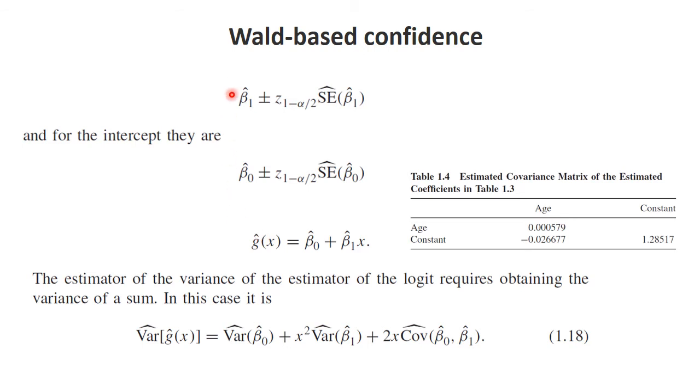From that, we can then develop confidence intervals. Then we have an estimated function g, and so we can also look at the variance of g as the variance of beta 0, plus, because we have x, x squared times the variance of beta 1, and then 2 times x times the covariance.